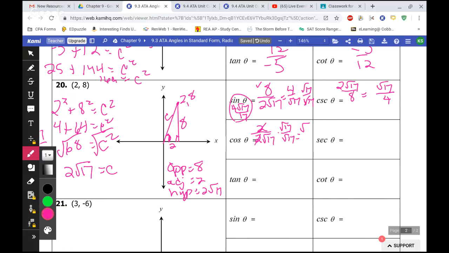So that's going to be root 17 over 17. And the reciprocal of that, going back to the original simpler version, I would have 2 root 17 over 2. And the 2's cancel. So that gives me root 17.